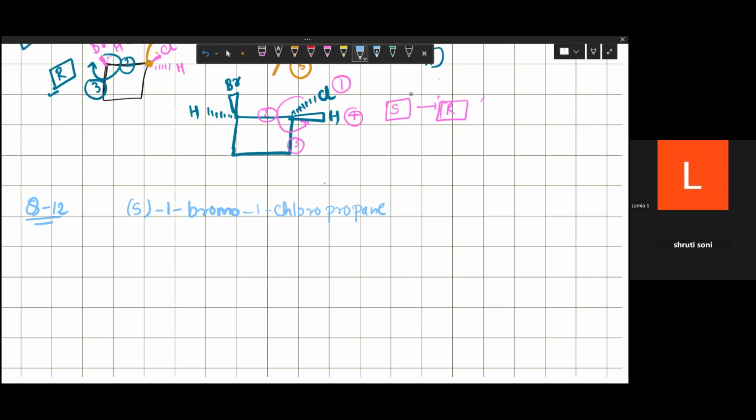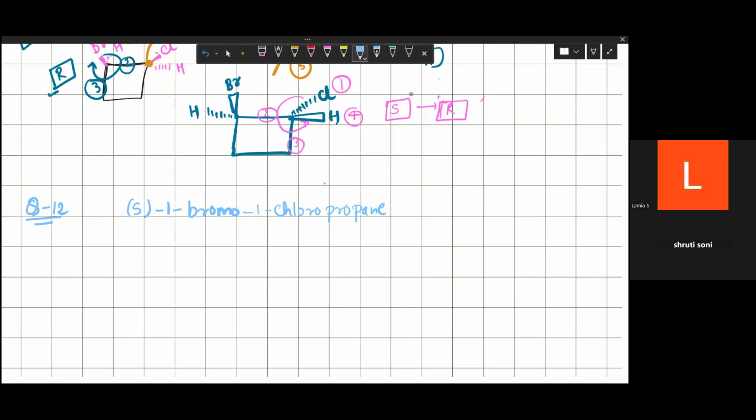Okay. So now, there are two groups: the first is bromo and one is chloro. Bromo and chloro are present at which position? The first. So attach bromine and chlorine at the first carbon.